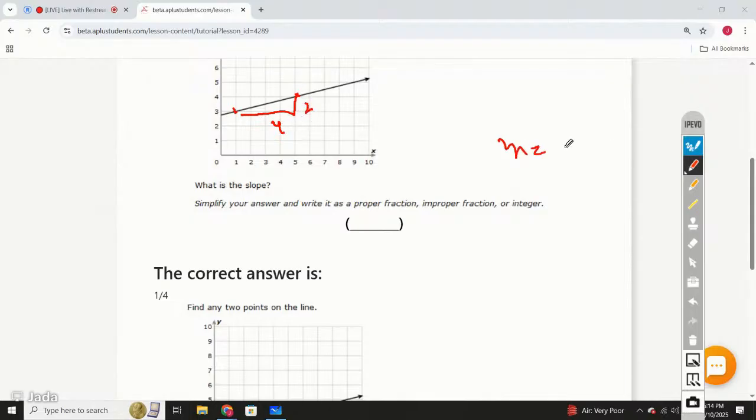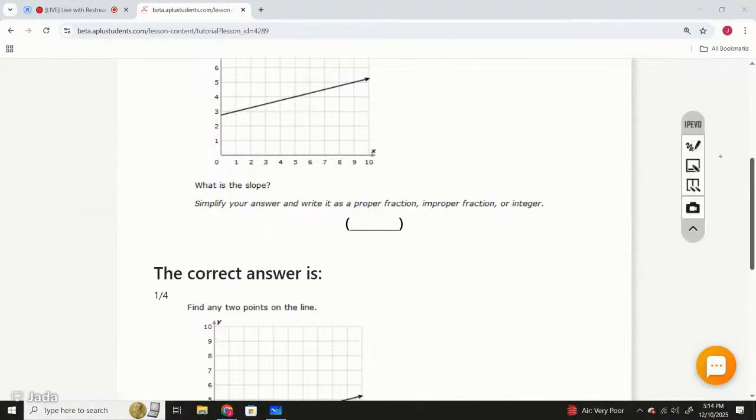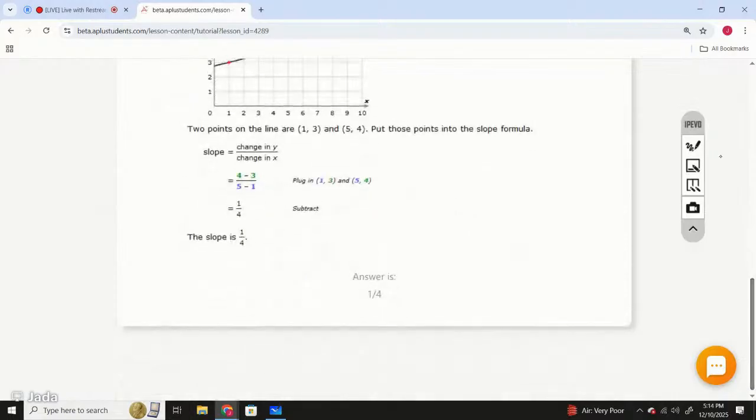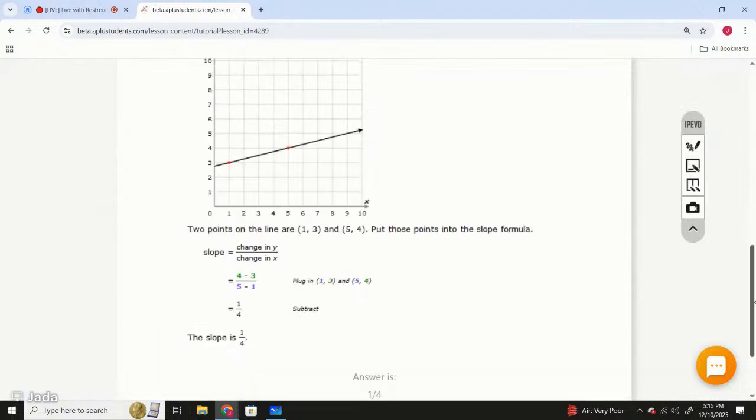So the y value is changing by 2 and the x value is changing by 4, right? So the slope is 1 over 2. You need to divide them by 2. So that is 1 over 2.